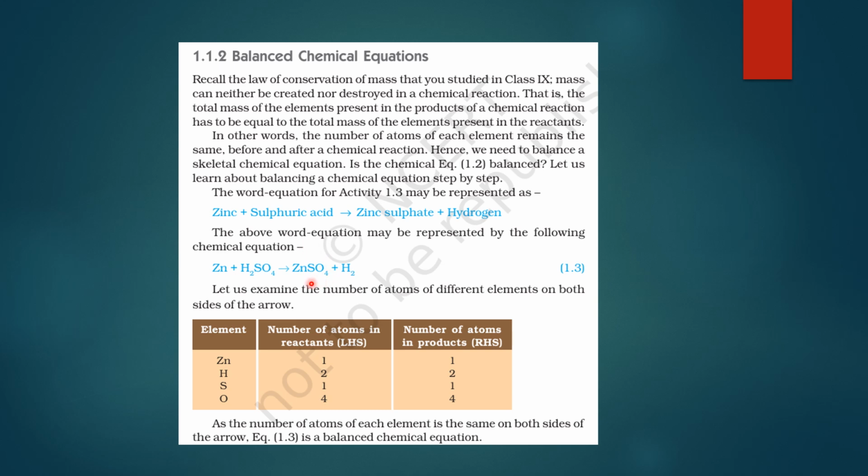On RHS also one sulfur atom is there. We fill one and one. Last we see oxygen. Here four atoms are there. In RHS also four atoms are there. So we put a 4 and 4 here. As the number of atoms is the same for all the elements, we can call it a balanced chemical equation. So no need to follow any steps here.